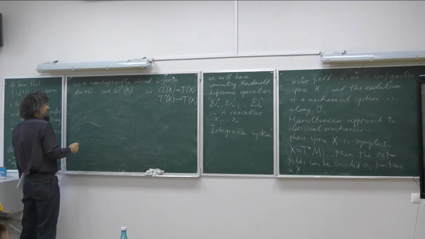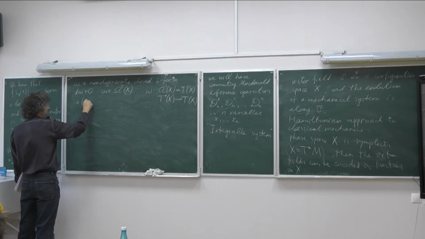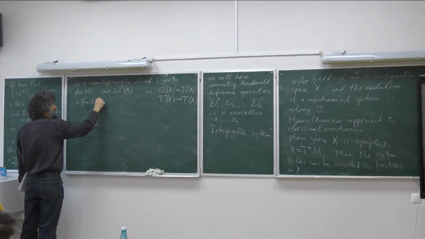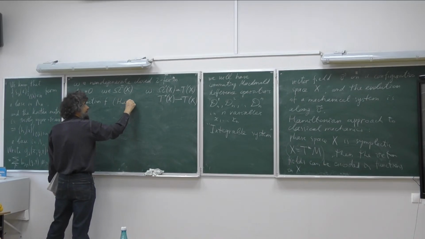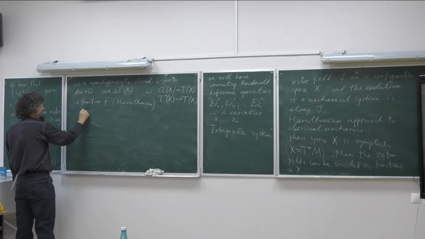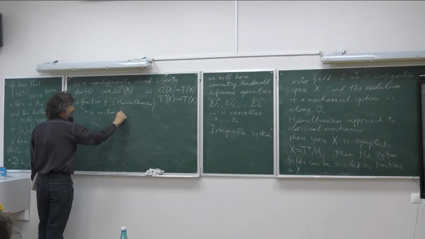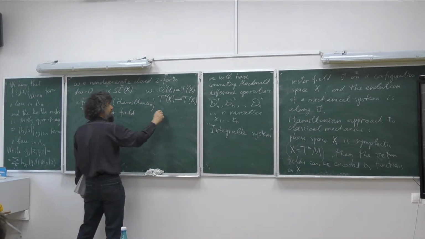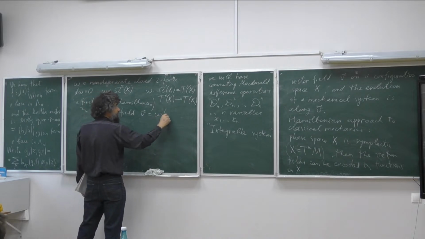Okay. So, given a function f, it's called a Hamiltonian. We produce a vector field V, which is just omega applied to df.